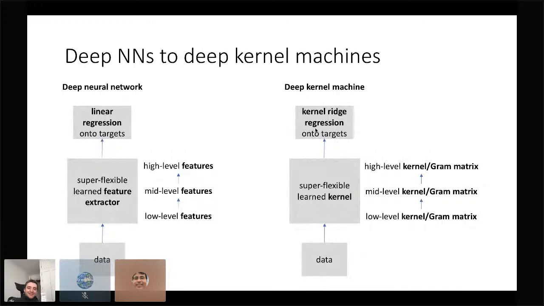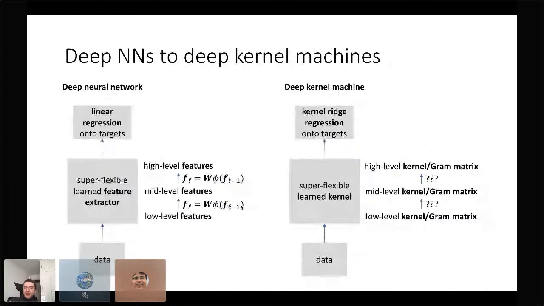Of course, we've now pushed the question another step downstream, which is, how do I do these individual transformations, for instance, from a low-level to a mid-level gram matrix? We know how to do that for a deep neural network. In particular, the features at one layer are a linear transformation of some pointwise nonlinearity applied to the features of the previous layer.